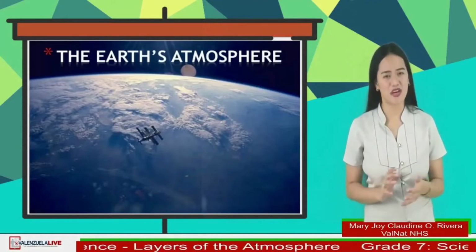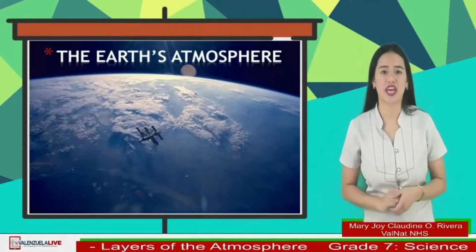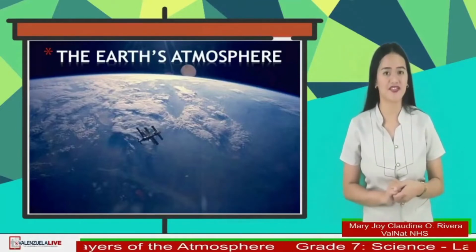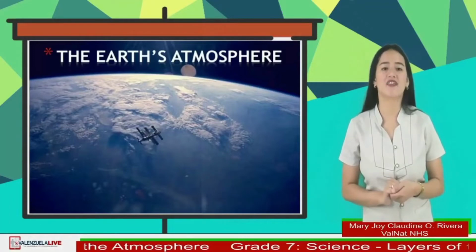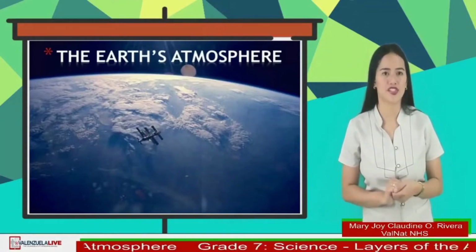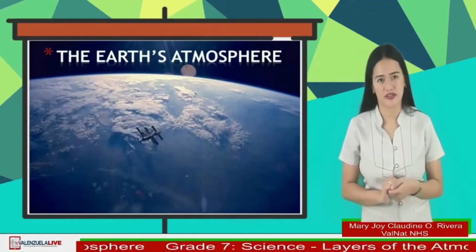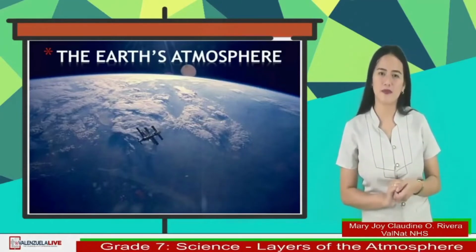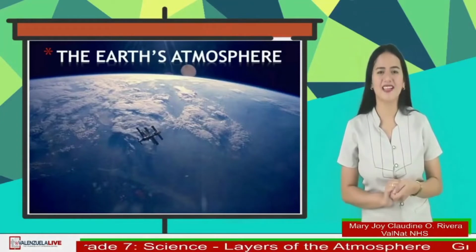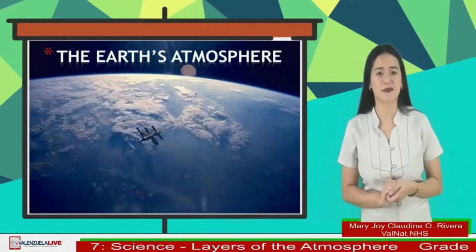The atmosphere, which is a mixture of nitrogen, 78%, oxygen, 21%, and other gases, 1%, surrounds the Earth. High above the planet, the atmosphere becomes thinner until it gradually reaches space.